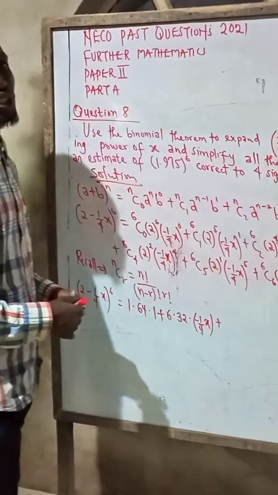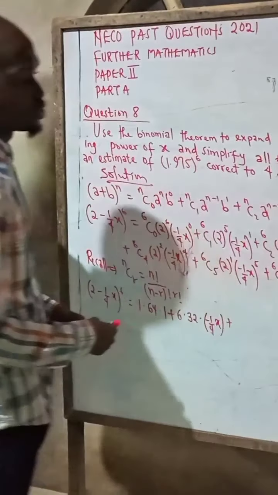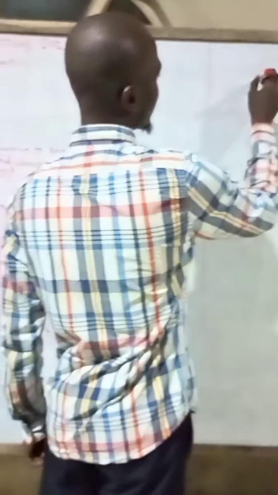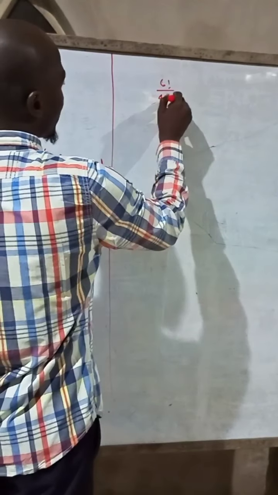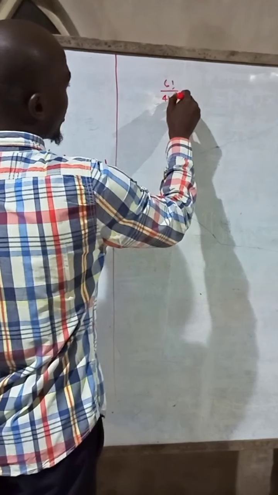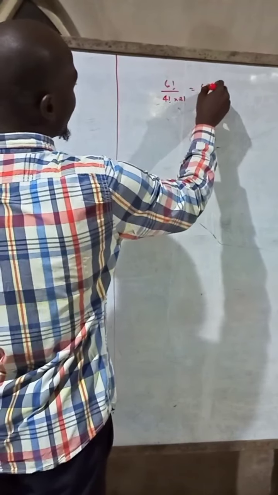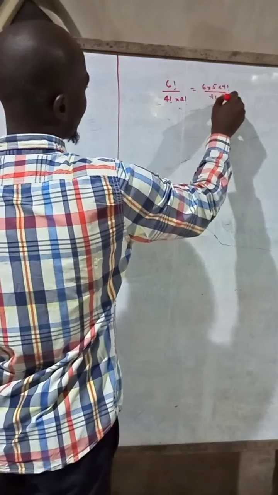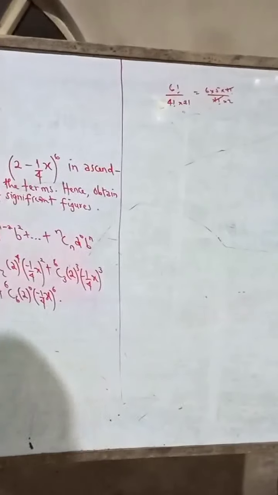So 6 combination 2, by applying this formula, let's work it out somewhere. 6 factorial all over 6 minus 2, which is 4 factorial, times 2 factorial. That will be 6 times 5 times 4 factorial all over 4 factorial times 2 factorial. These are gone, so this is going to give me 15.